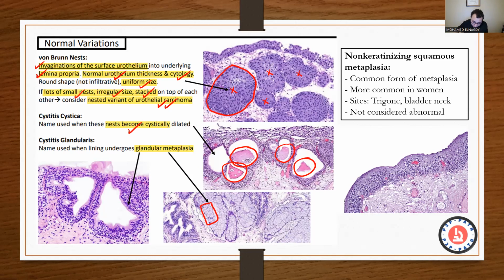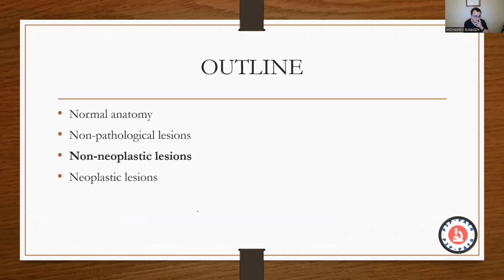This is glandular metaplasia, like the cells have some mucin inside, intracytoplasmic mucin. This is what we call glandular metaplasia, and sometimes they call this cystitis glandularis. So we have von Brunn nests, cystitis cystica, and cystitis glandularis. All these are normal, non-pathological, physiological changes. You shouldn't even consider this a disease or a pathology.